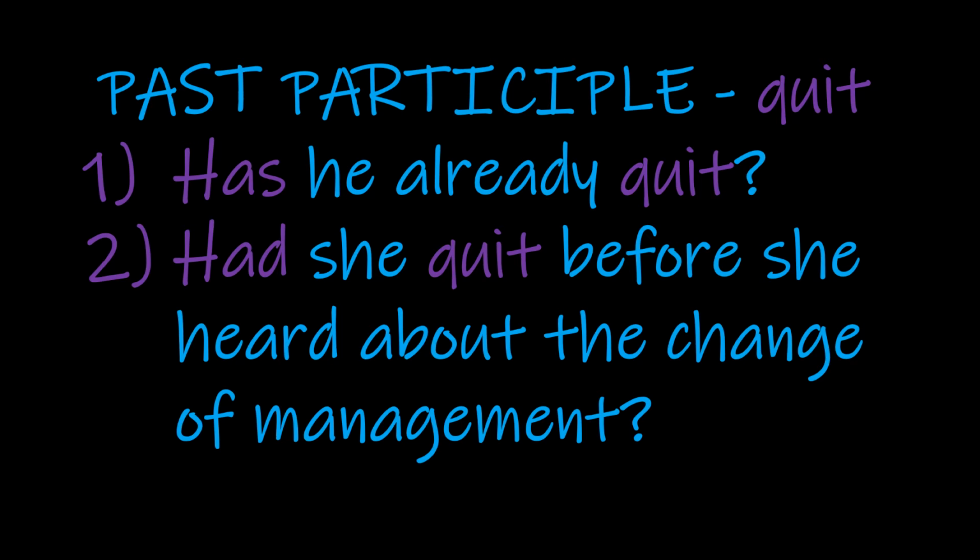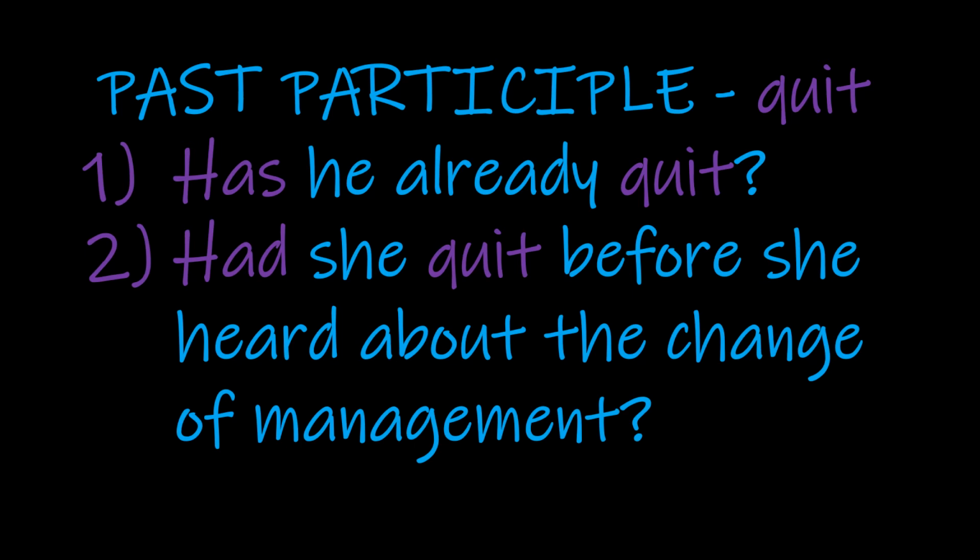Sentence 2 is a bit different. Had she quit before she heard about the change of management? So we've got two things. We've got the quitting, and then we've got hearing about the change of management. So if I ask question number 2, I'm using that past perfect.